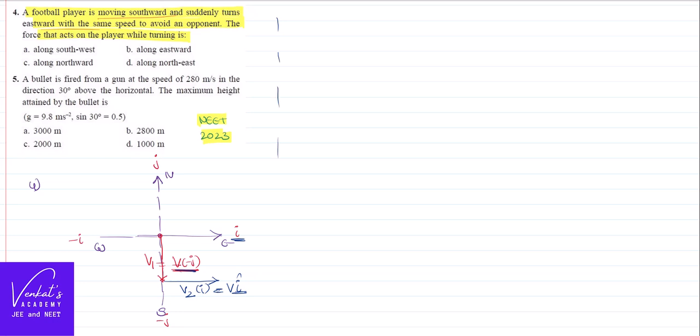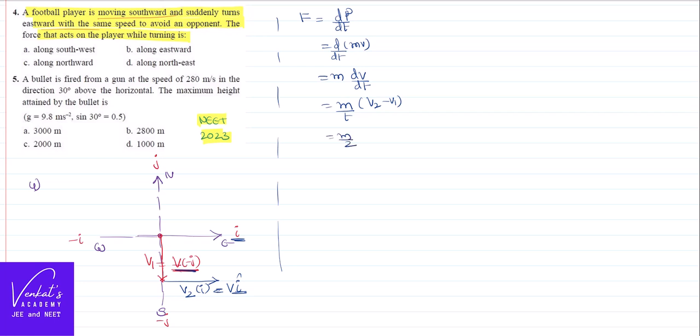So if we have to calculate the force, you can write the formula, force as rate of change of momentum, d by dt of p. d by dt of momentum is mv. Mass being constant here, m of dv by dt, or I can say m by t of v2 minus v1, because velocity is changing here.